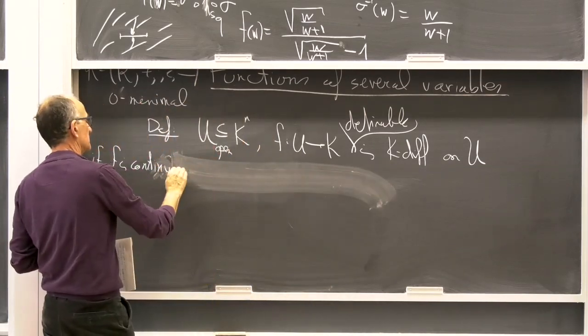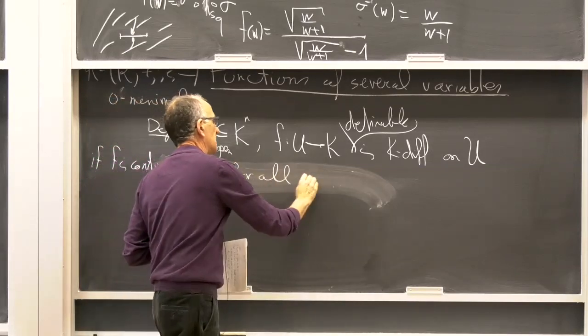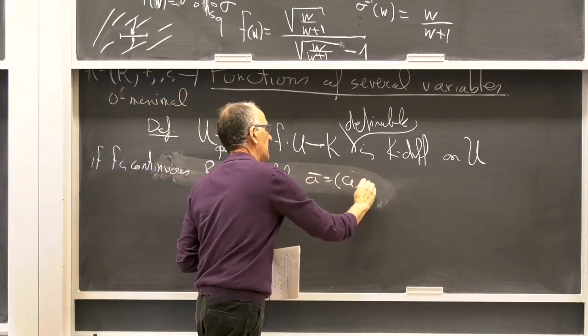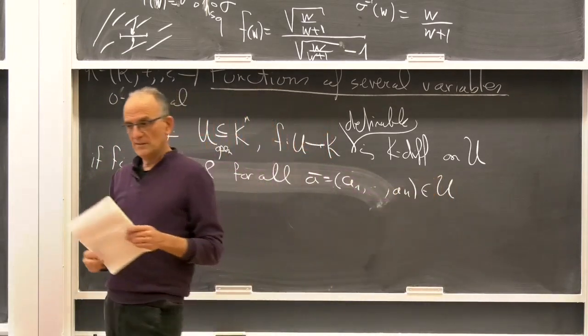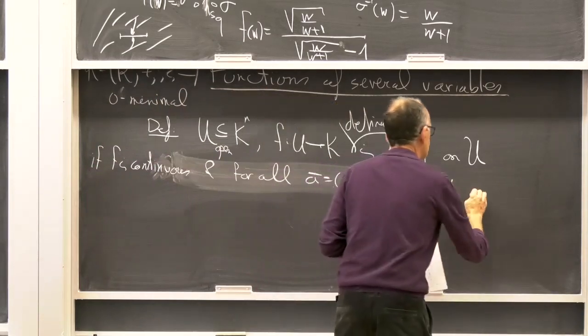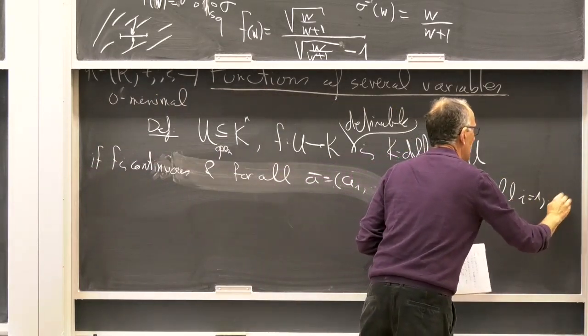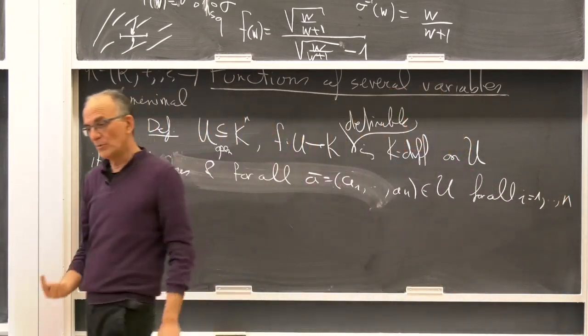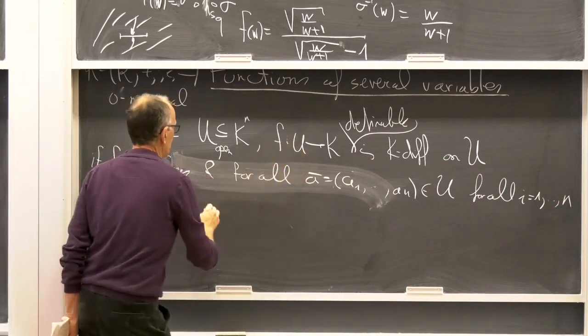F is continuous, and for all a1 to an in U, and for all i from 1 to n, f is holomorphic in one variable, in the ith variable.